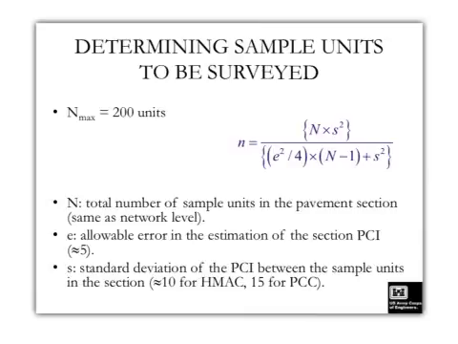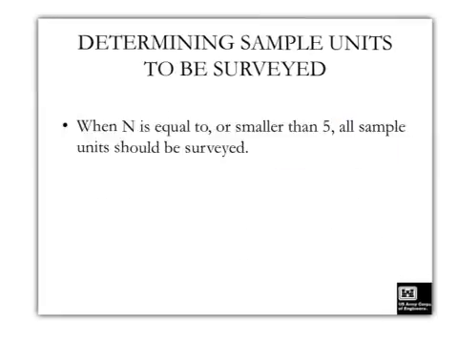As well as S, which is the standard deviation of the PCI between the sample units in the section. Typically the standard deviation between different sample units is about 10 for hot mix asphalt, and about 15 for Portland cement concrete pavements. Some may ask, how about if I have a section that has 5 or fewer units? If this is the case, then you need to survey all the units that you have.